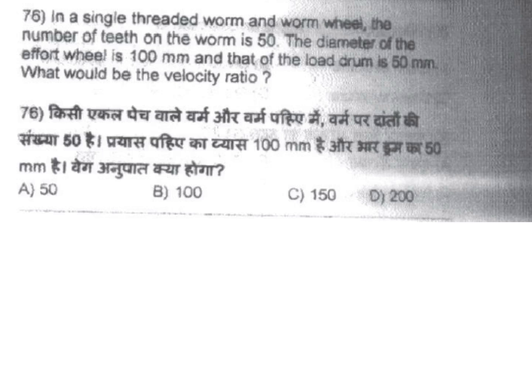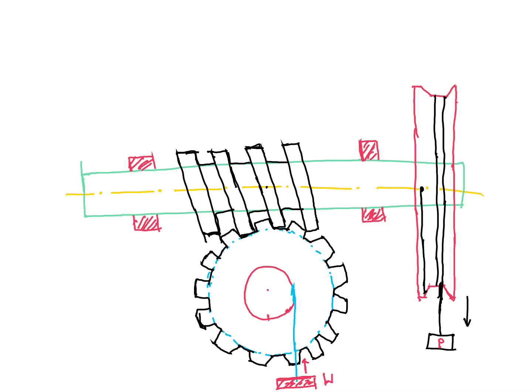Worm and worm wheel. Here this is the schematic diagram of worm and worm wheel. This is worm. Then this is worm wheel. Then this is load drum.